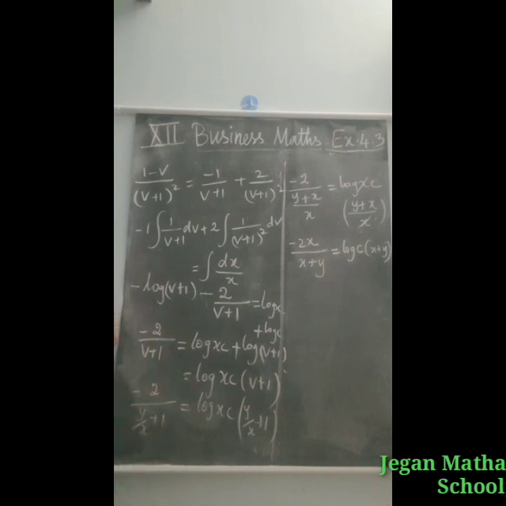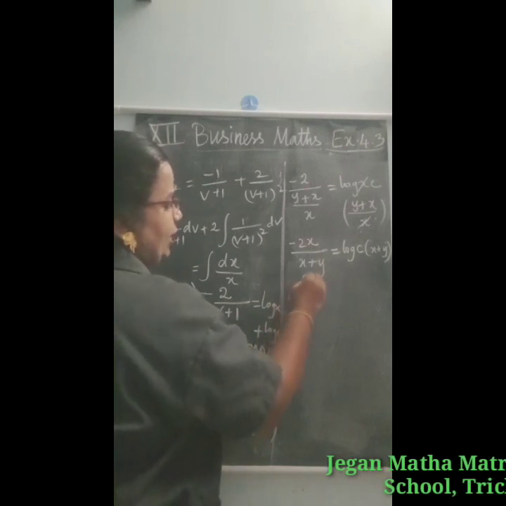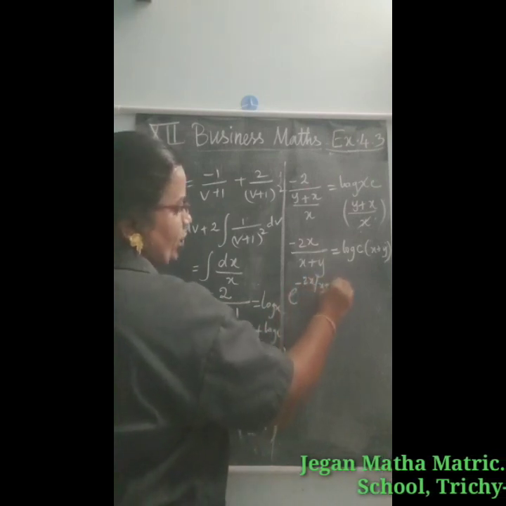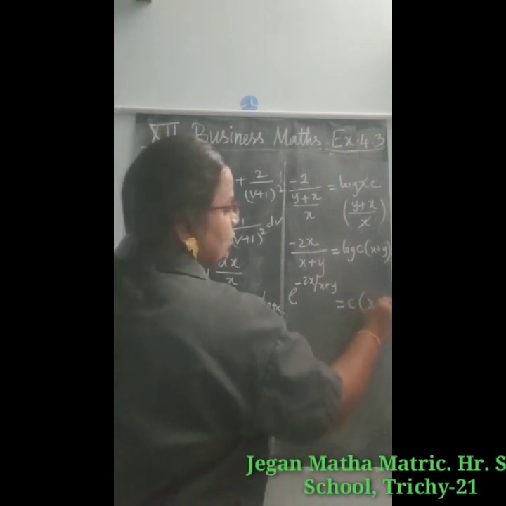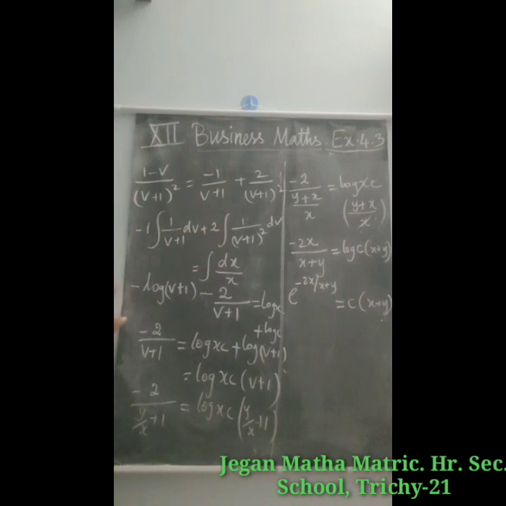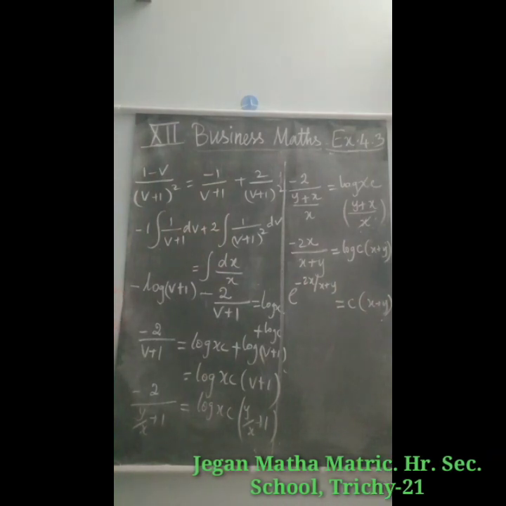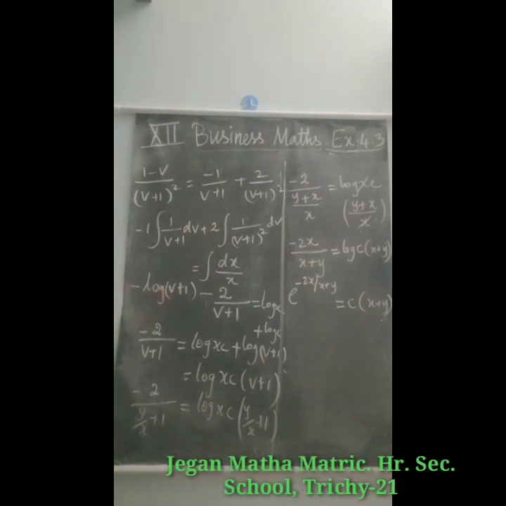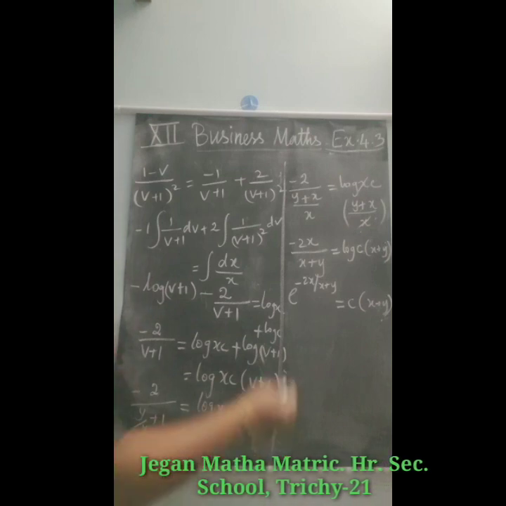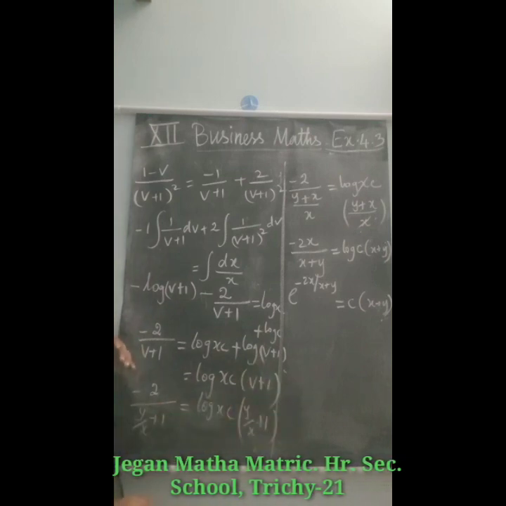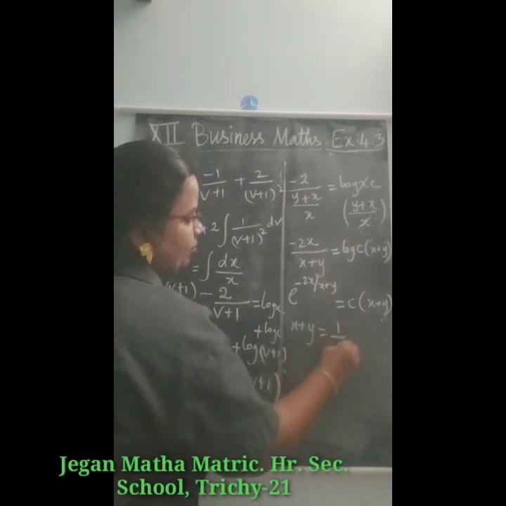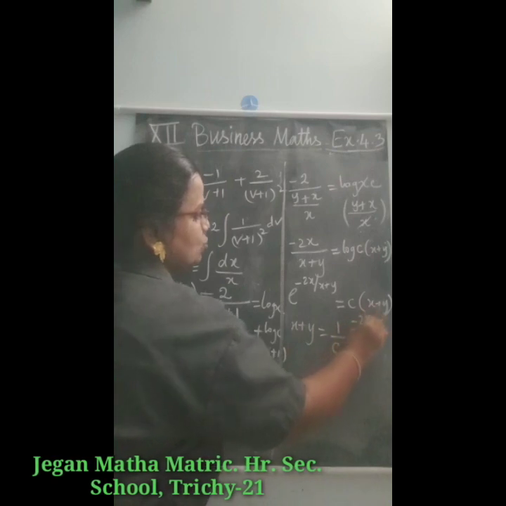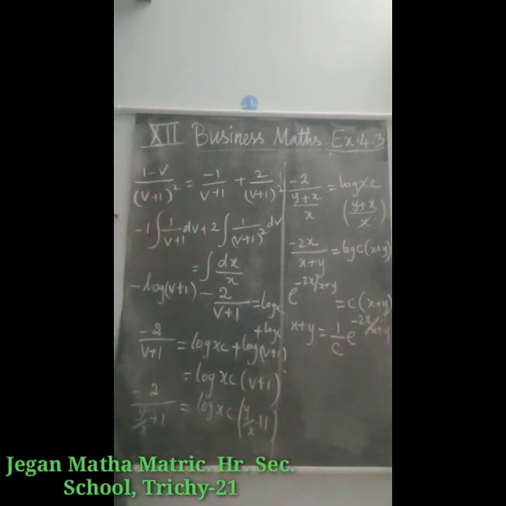Now we have to remove the log, which means we will get e power minus 2x divided by (x plus y) is equal to c into (x plus y). We can stop at this point, or otherwise you can simplify again, which means x plus y is equal to 1 by c into e power minus 2x divided by (x plus y).